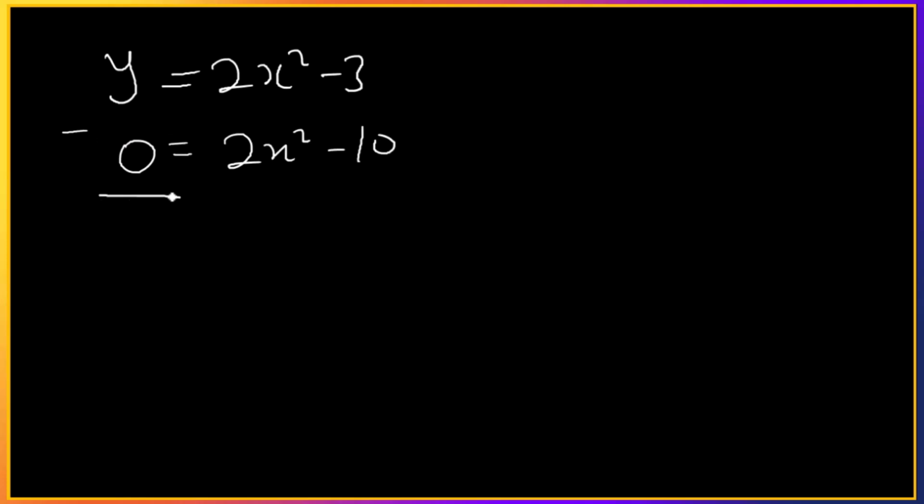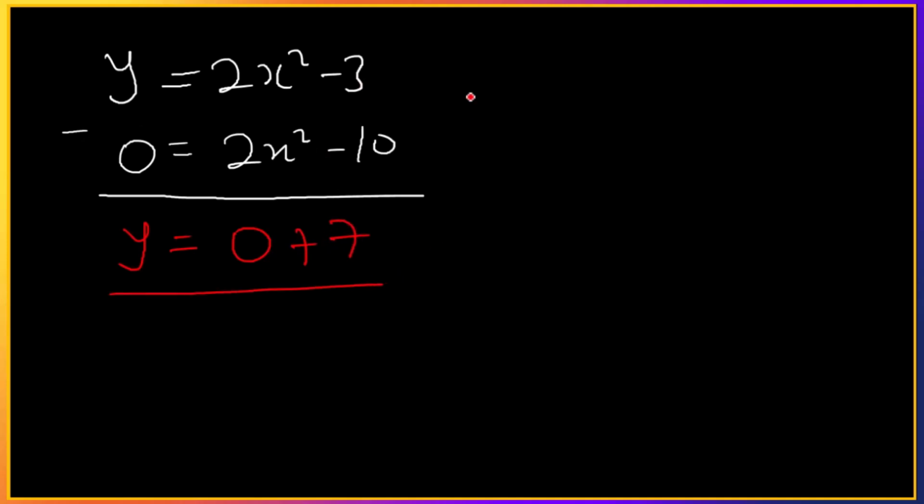So by comparing, y minus 0, which is y, equals 2x squared minus 2x squared, which is 0, negative 3 minus negative 10, which is positive 7. Now y is equal to 7, and we are going to plot this on the graph.